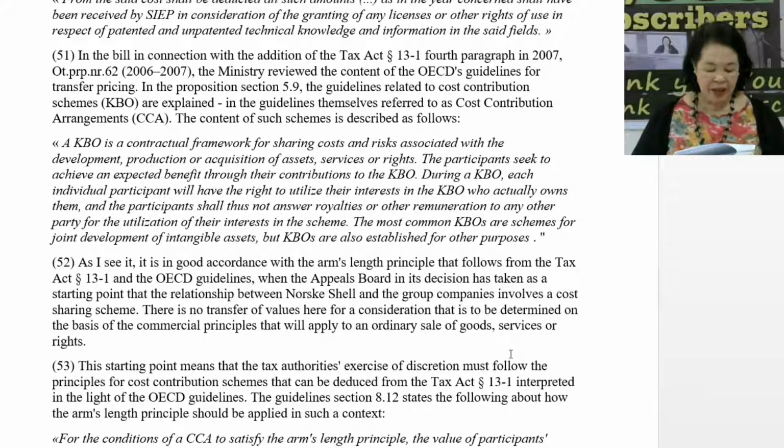No? And the participant shall thus not answer royalties or other remuneration to any other party for the utilization of their interest in the scheme. The most common KBOs are schemes for joint development of intangible assets, but KBOs are also established for other purposes. Ano tong KBOs na to? Ito yung cost contribution scheme. No? Okay.